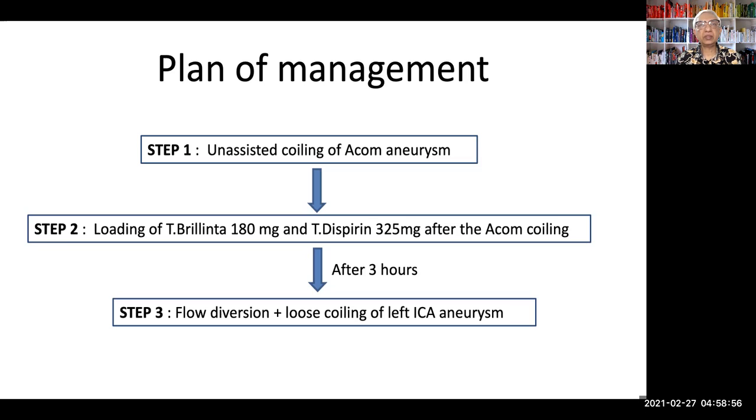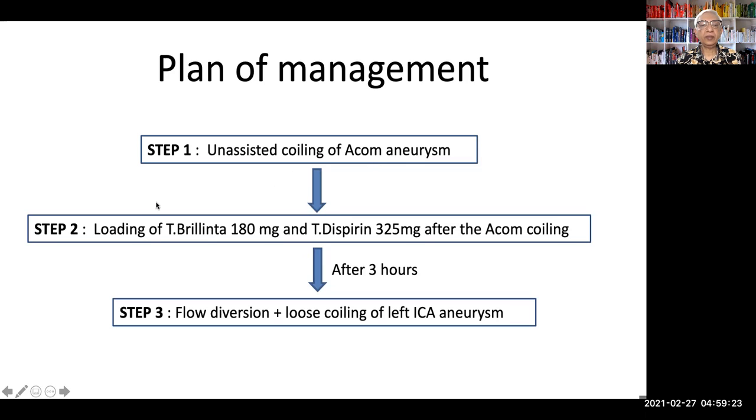Now, the problem in this patient was that we have an aneurysm which is very small, and so we did not want to have this patient on antiplatelets at this point of time because if there was a bleeding, it would be a disaster. So we decided to coil this aneurysm unassisted without any drugs.